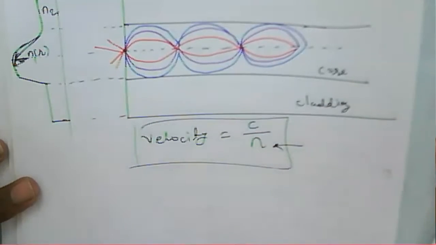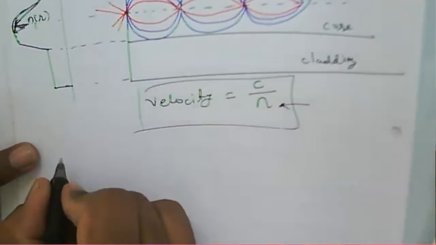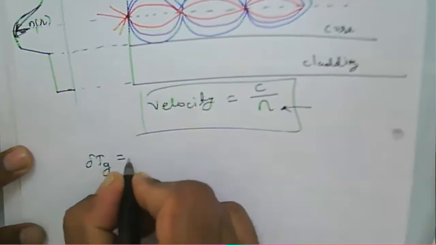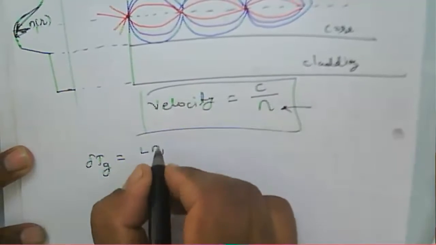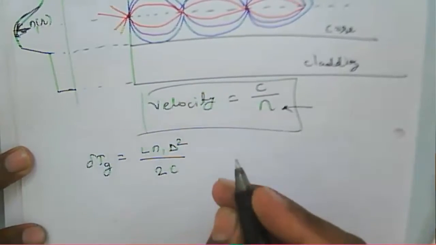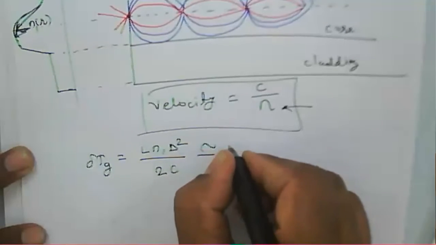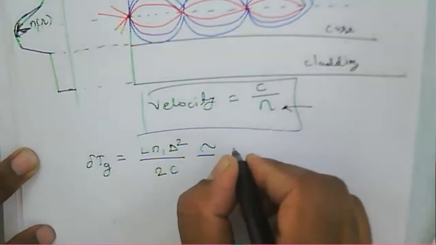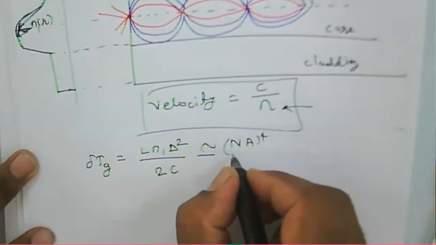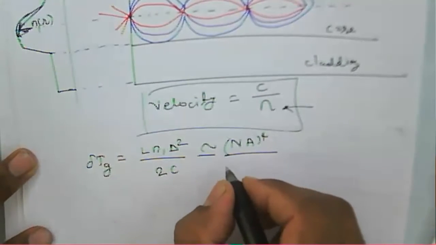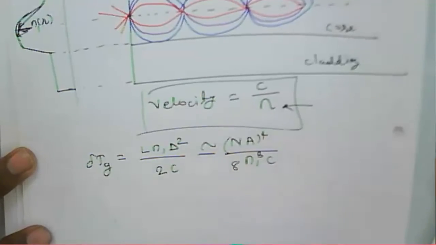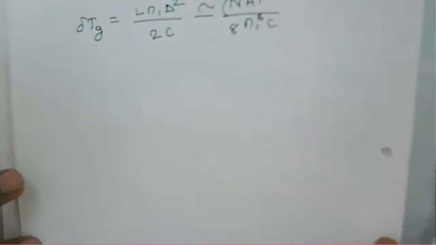And for this graded index fiber, the delay difference we can write as delta tau g equal to L n1 delta squared divided by twice c, and that will be approximately equal to numerical aperture raised to 4 divided by 8 n1 cubed c.